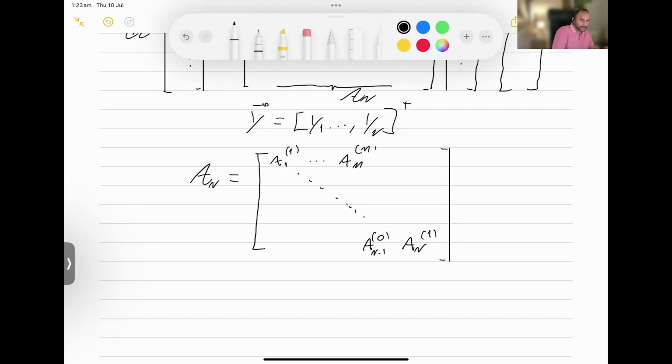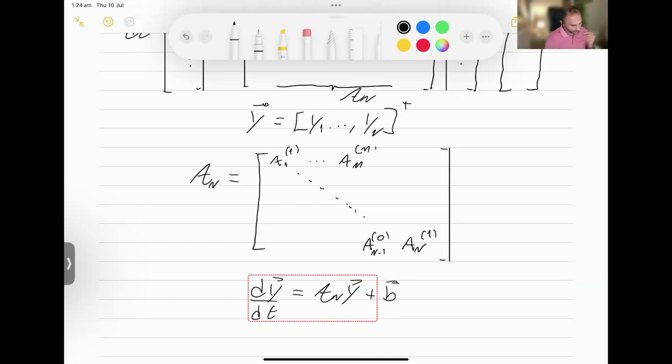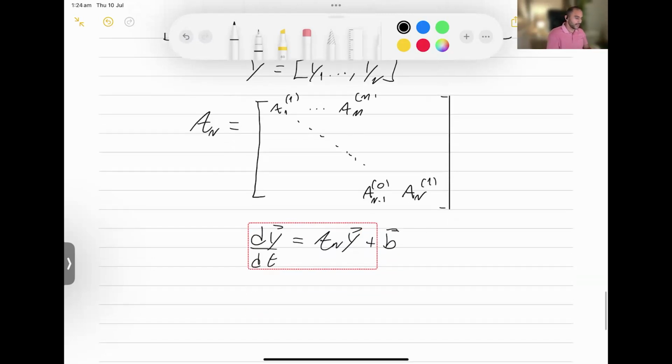Right? And then I'm going to end up with again plus some component that you can add, the V0 there.